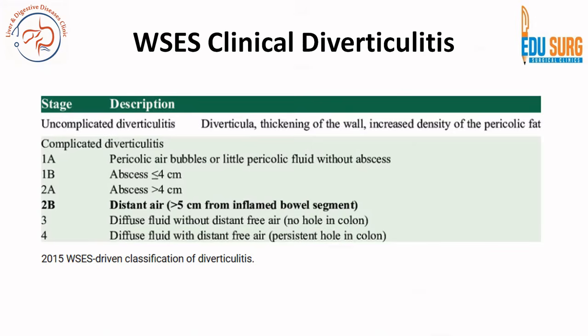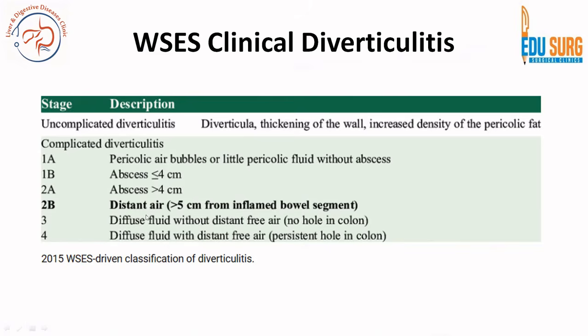In the World Society of Emergency Surgery classification, the important part was that there were only two classifications, uncomplicated and complicated. In complicated, they are going with increasing severity of disease. So 1A is pericolic air bubbles, 1B is an abscess less than 4 centimeter, 2A is more than 4 centimeter, 2B is air which is greater than 5 centimeter from the inflamed bowel segment. 3 is diffuse fluid without distant free air, basically purulent peritonitis, and 4 is fecal peritonitis.